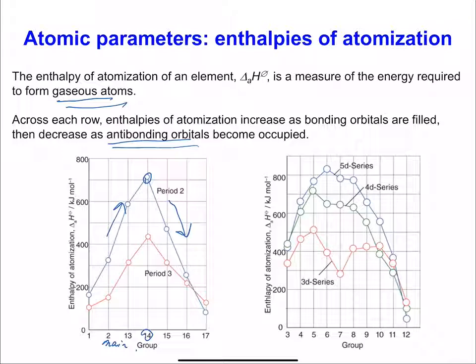We have a similar trend for the d block here. We increase and decrease at some point, and the green trend here. But for the 3d row, the trend is not obvious. It appears to increase, but we have a decrease, then an increase, so not very clean here. But for the 4d and 5d rows, we do have this trend.